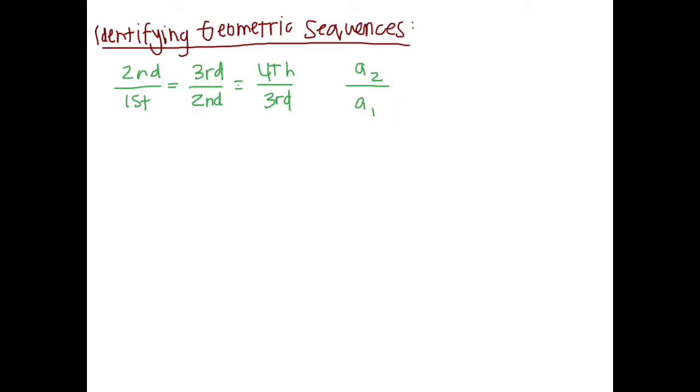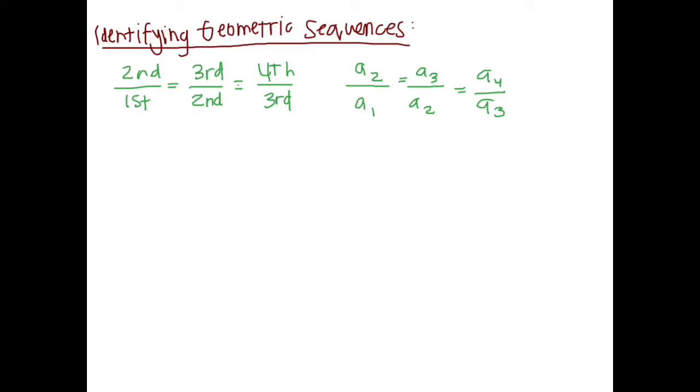That would need to be equal to the third term, or a sub 3, divided by the second term, a sub 2. And that continues on. So this ratio has to be common. It has to be constant throughout the entire sequence.